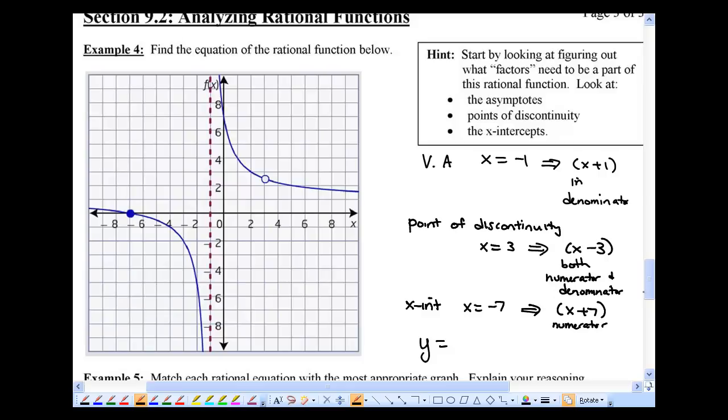And I'd like you to create the equation. Numerator: x plus 7, x minus 3, x plus 1 in the denominator, and also an x minus 3.